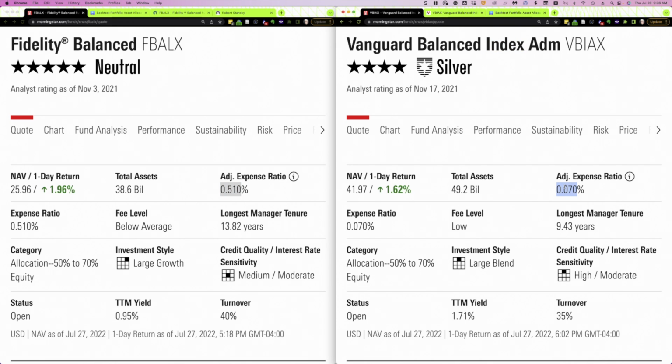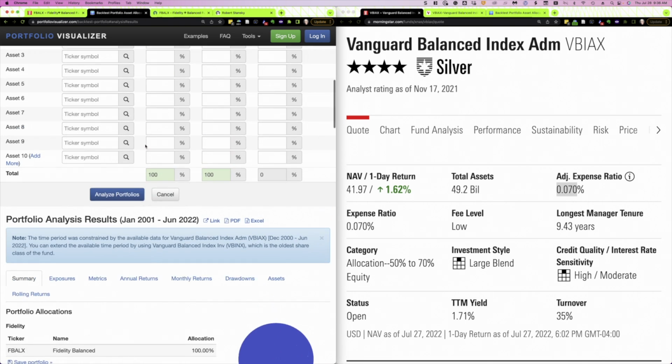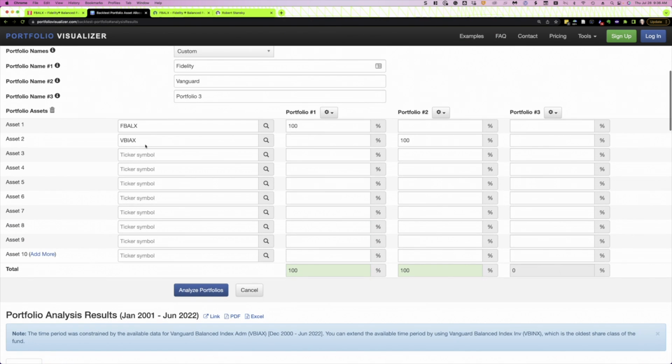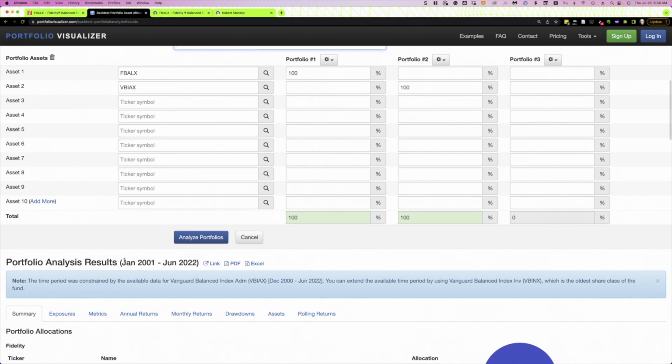But remember what my friend said. He said, yeah, but the Fidelity fund has outperformed even after accounting for those expenses. So I thought, let's check it out. So let me make this a bit bigger. I use Portfolio Visualizer. I put both funds in here. There's Fidelity, there's Vanguard. Actually got 20 years of data.